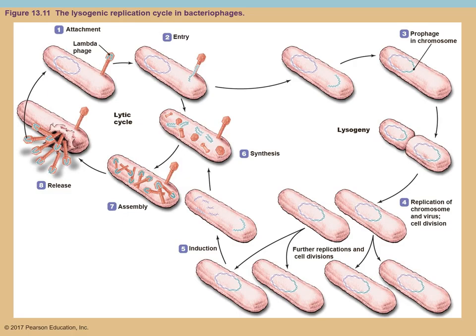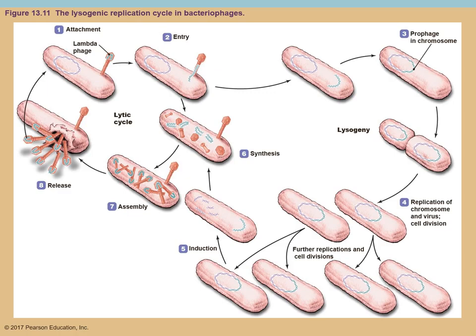So guess what happens now every time the cell gets ready to go through its cell division? Is it going to read just its own DNA and say, oh, stop here, that's a viral DNA? No, it does not. When it goes through DNA replication, it copies the entire strand of DNA, including that virus that has incorporated itself into it.